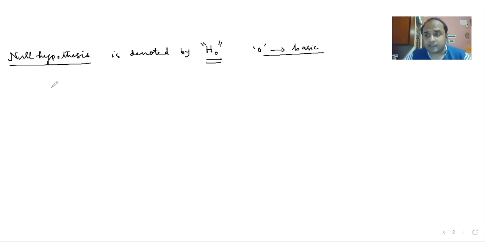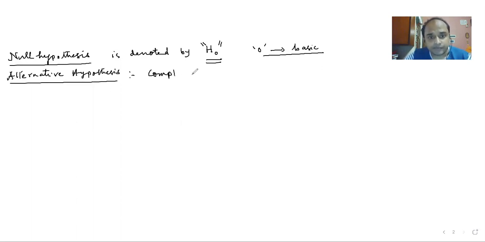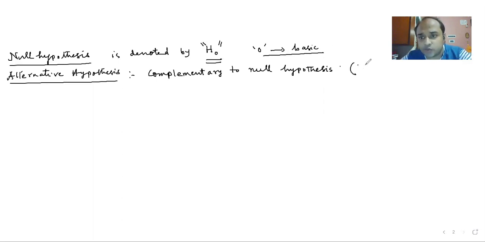If you are saying that 50% of the students are not interested in mathematics, then that is the alternative hypothesis. The alternative hypothesis is complementary to the null hypothesis, and it is denoted by H1.